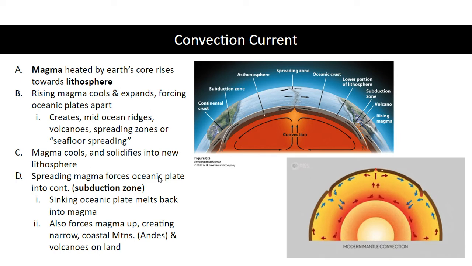This is then going to take that plate and melt it back into magma, continuing that cycle. And you can kind of see that here, right? So here would be your divergent plate boundary, that floor spreading, versus here would be your convergent plate boundary, specifically subduction.